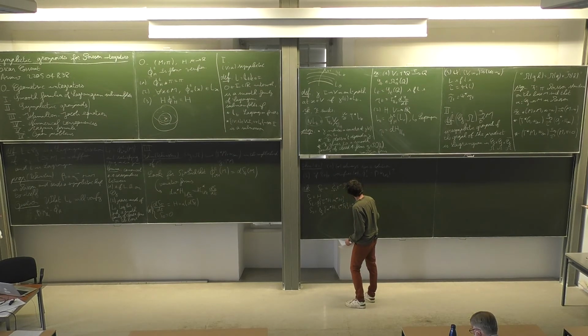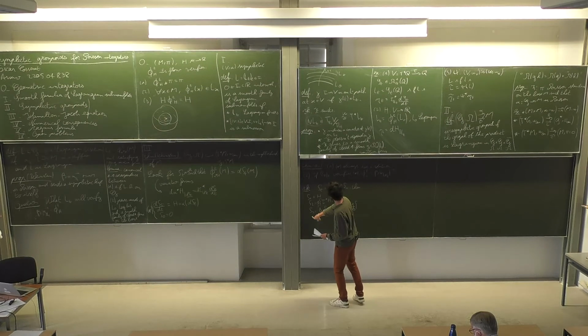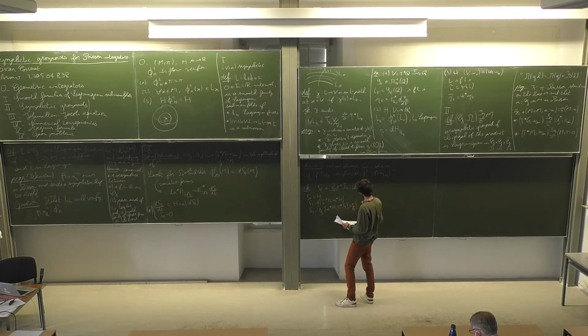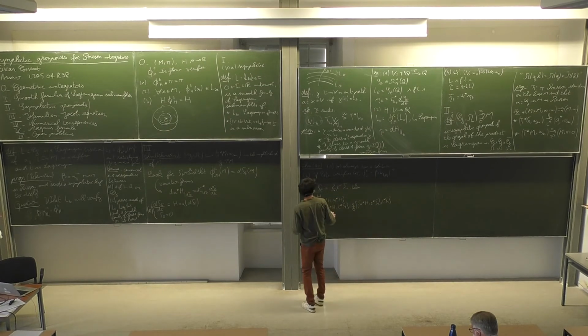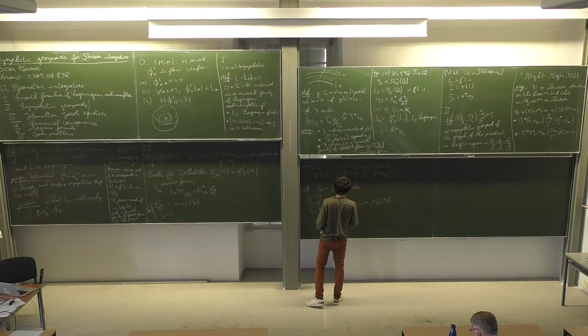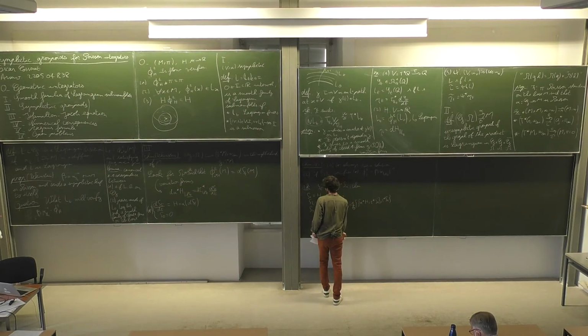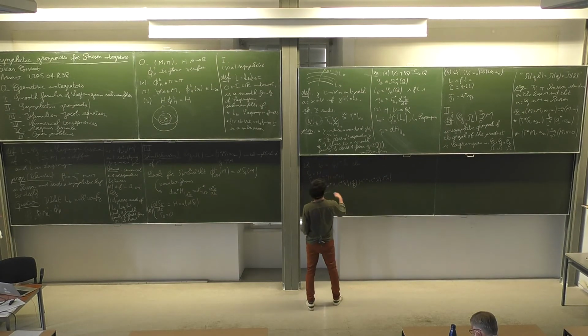So in general, the i-th term will be some iterated brackets of H and S_j for j smaller than i with some rational coefficients.